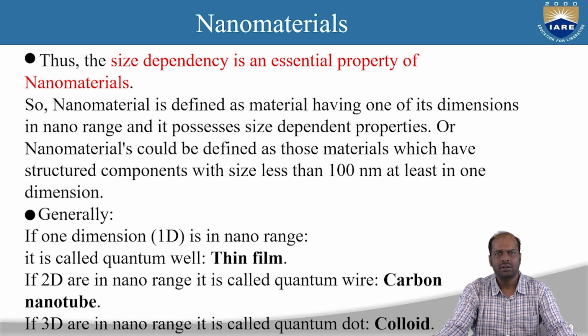If two dimensions are in the nano range, it is called a quantum wire, such as carbon nanotubes. If three dimensions are in the nano range, it is called a quantum dot, that is, colloids.